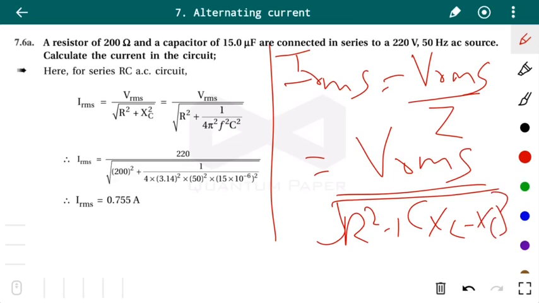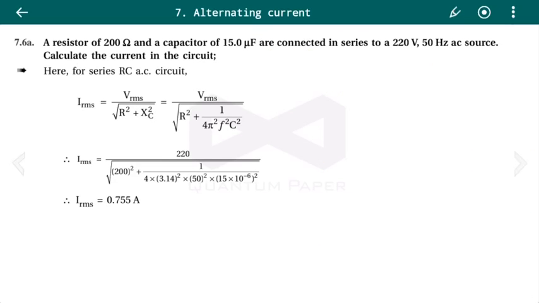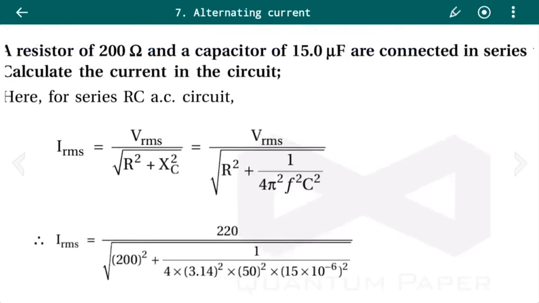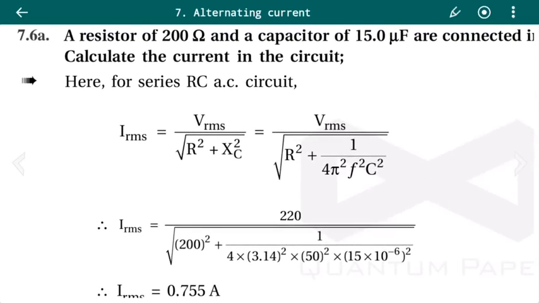In this circuit we do not have an inductor, so the inductive reactance will be 0. So neglecting that, what we will have is R square plus minus XC whole square, that becomes plus XC whole square. So the formula will be IRMS equals VRMS upon under root R square plus XC whole square.